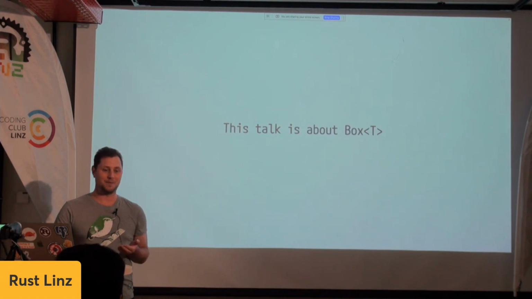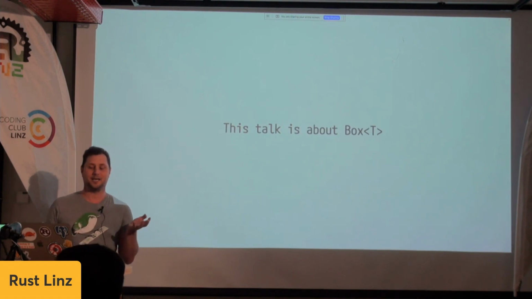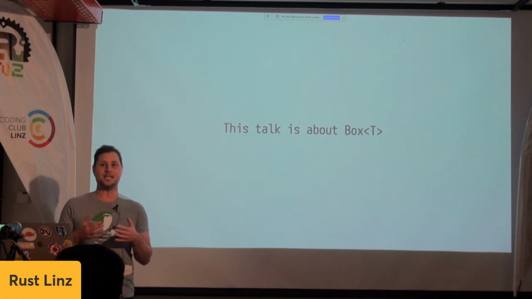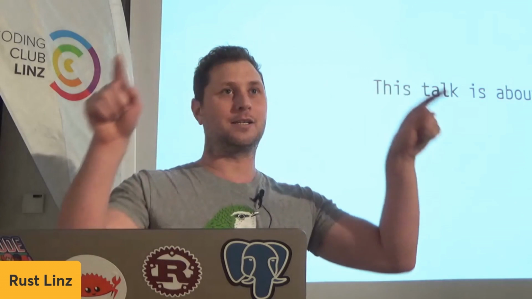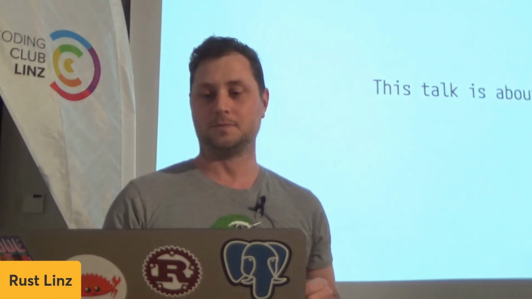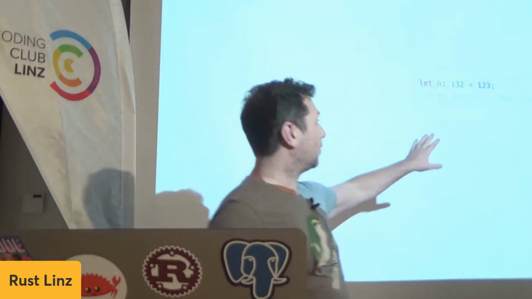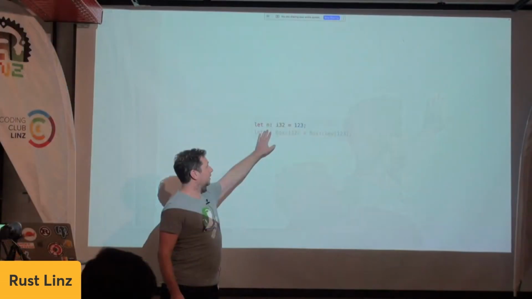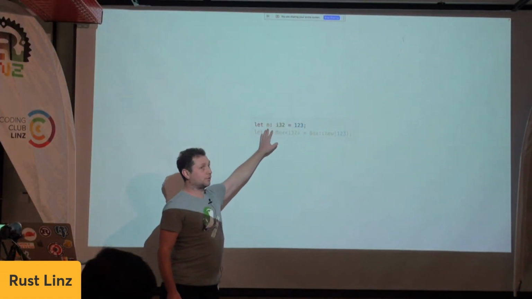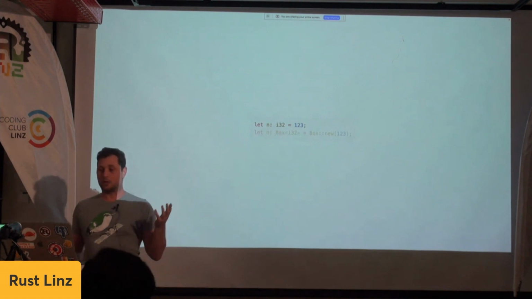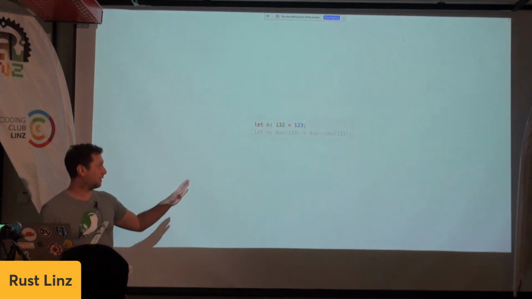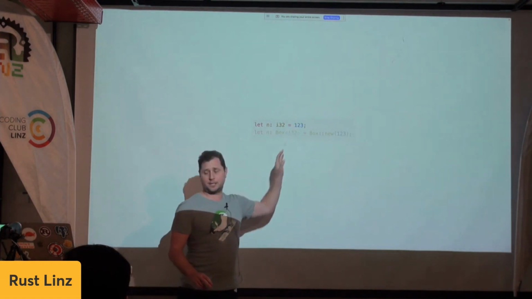So just to be very clear about which type of box we are referring to, it's this syntax you would have seen in Rust with a capital B, Box, and we have less than and greater than, and then some type T in the middle. Normally when we create a variable, we'll have the variable name and maybe an optional data type, and then we create something. We have the value on the right side.